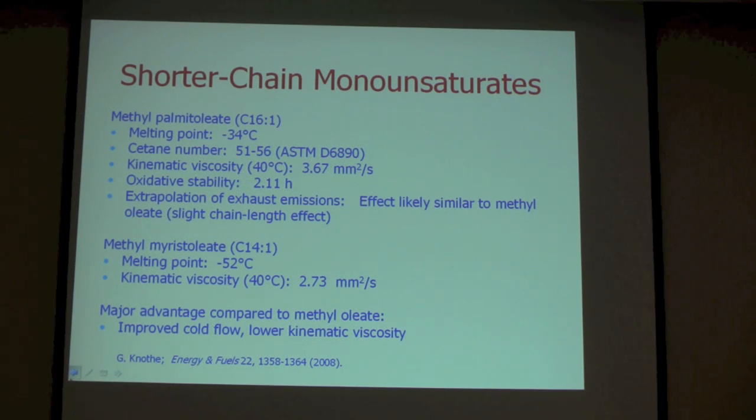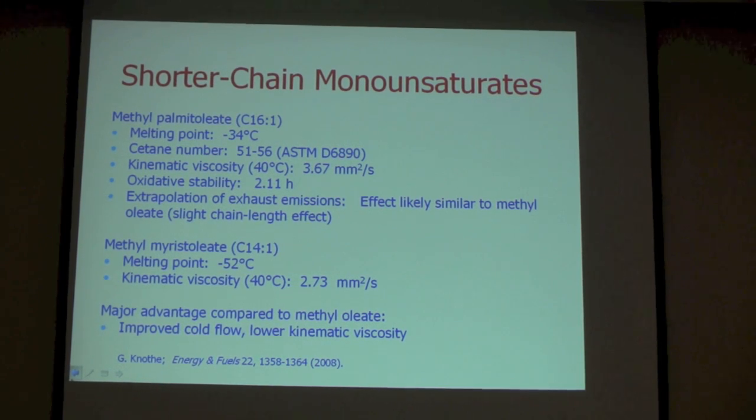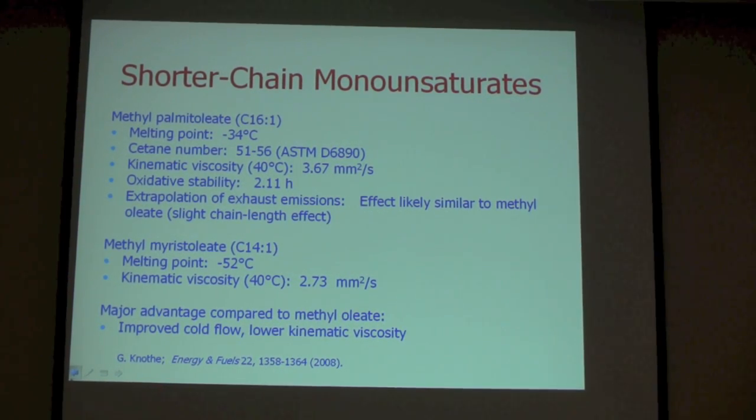Anyway, for the shorter chain monounsaturates, I mentioned methyl palmitoleate. I think that if it ever could be enriched in a biodiesel fuel, it would probably be better than methyl oleate. Its melting point is -34. The cetane number in several tests has come in between 51 and 56, so it's acceptable. Viscosity is a little bit lower.